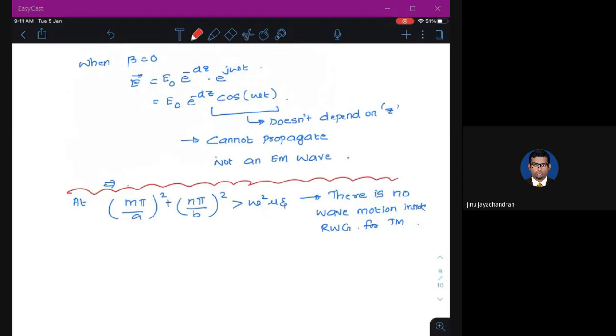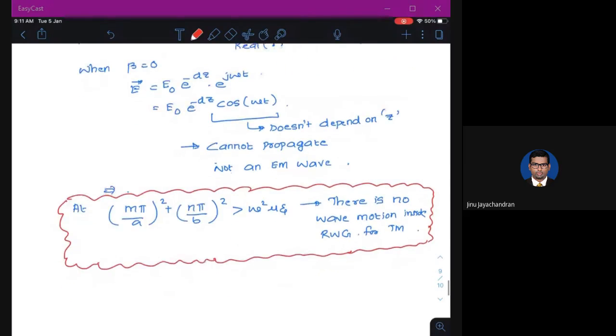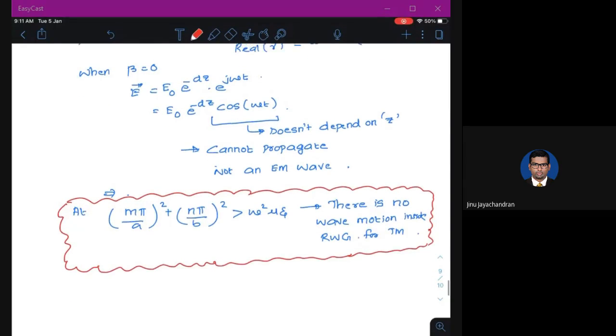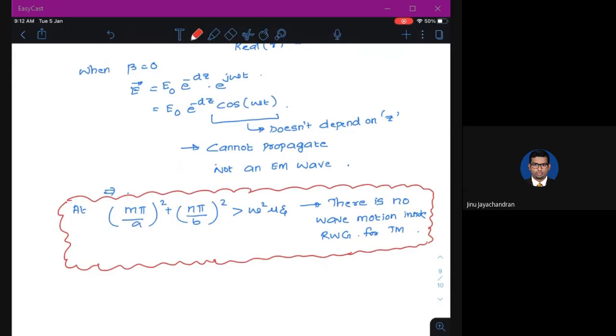We argue that for a wave to propagate, there should be a variable which changes with space, z or some other x or y. When (mπ/a)² + (nπ/b)² is greater than ω²με, there is no space variable in the equation, because of which, although there is cos ωt, it varies only with time, but our EM wave should vary both with time and space. Since there is no space variable, this wave cannot propagate inside a waveguide. Or you can say there is no wave motion in this condition.